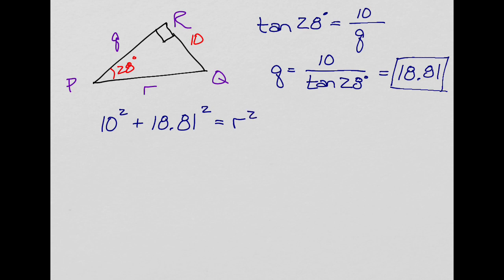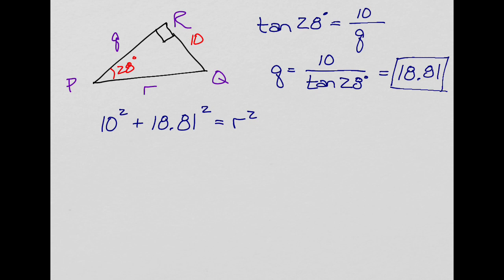But what I'm going to do in my calculator is I just did this 10 divided by the tangent of 28 degrees. So what I actually have is 18.807266465. And I'm going to use all of those decimal places and not round until the very end. So squared plus 10 squared.